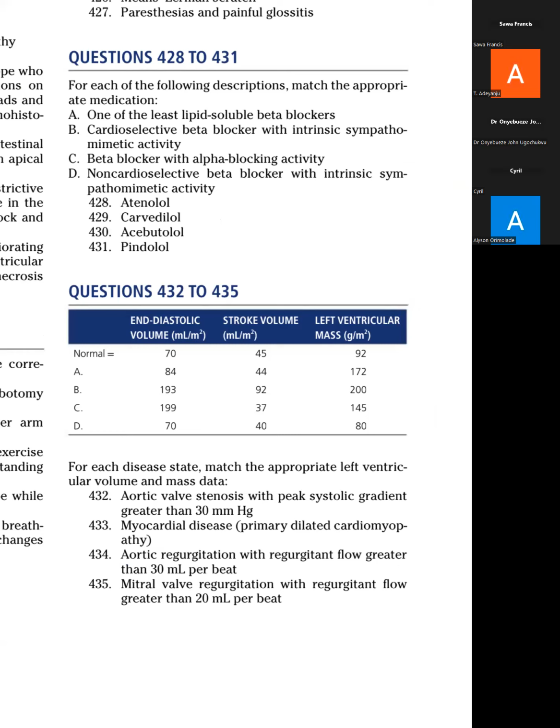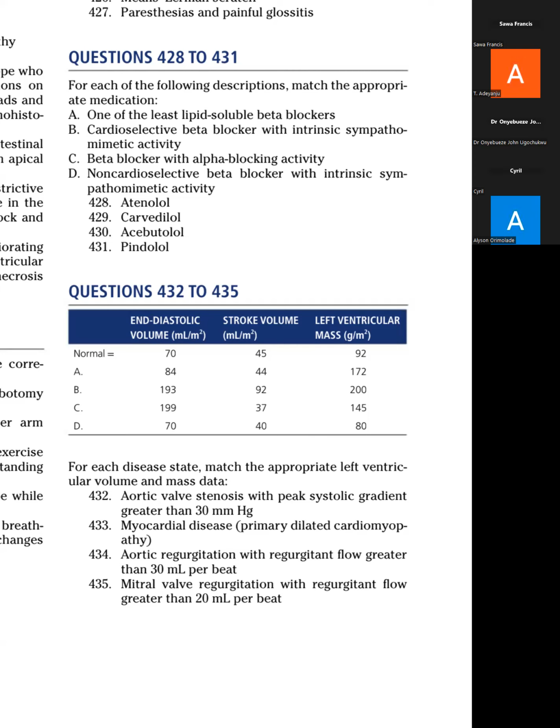Okay. Last part of this section. Questions 432 to 435. Here we have the table ABCD. We have normal as end diastolic volume as 70 ml per meter square.